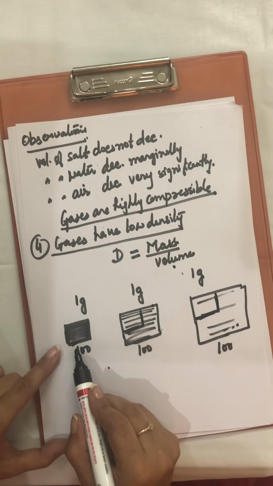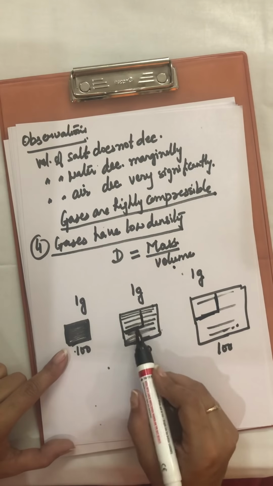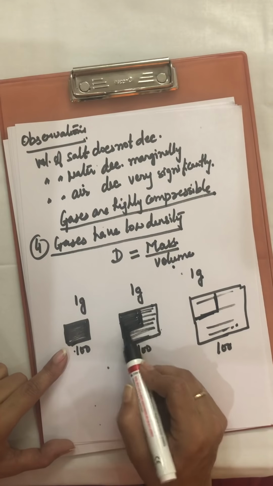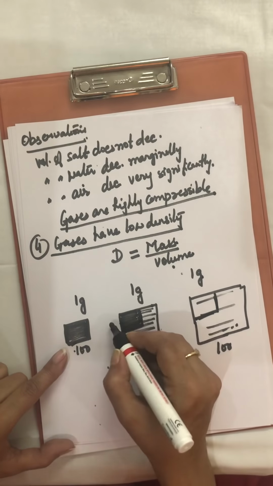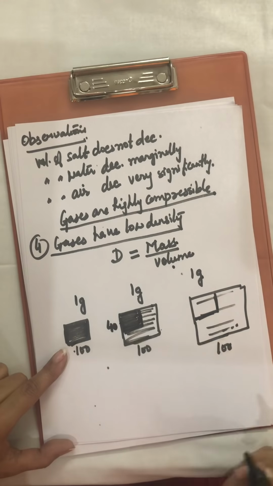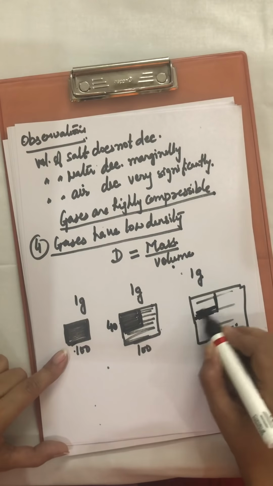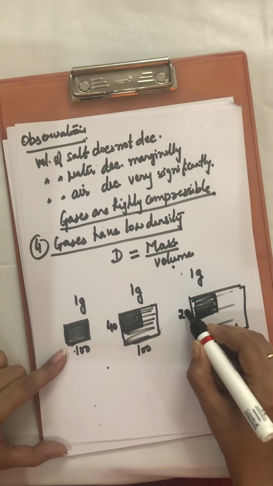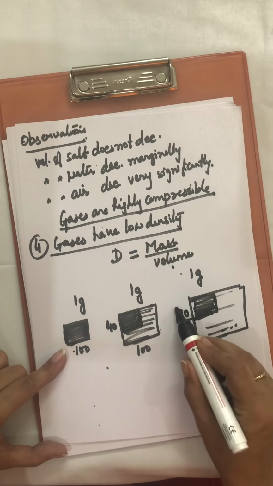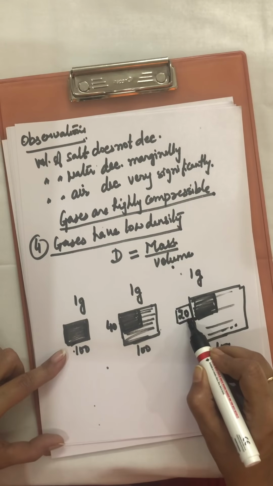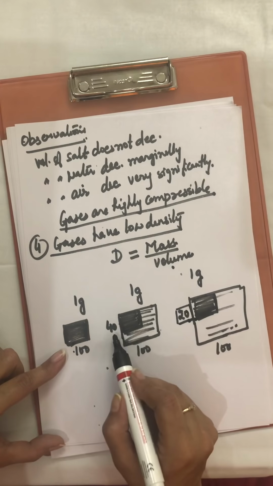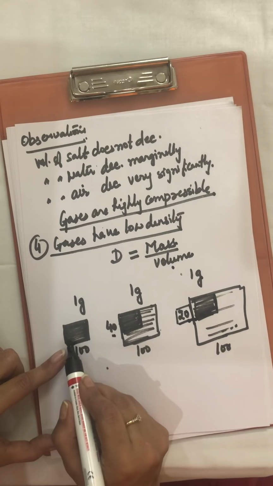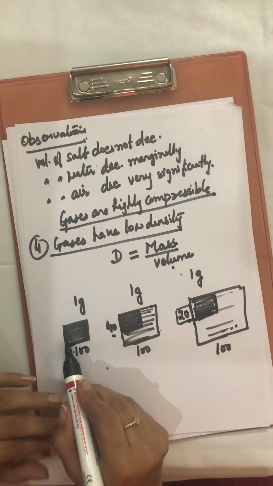Here in per unit volume there are 100 particles. Let's say in this per unit volume, out of the whole 100, 40 particles are left here. And in this case, let's say 20 particles are left. So mass of 20 particles will be less as compared to 40 particles, and mass of these will be less as compared to 100 particles.